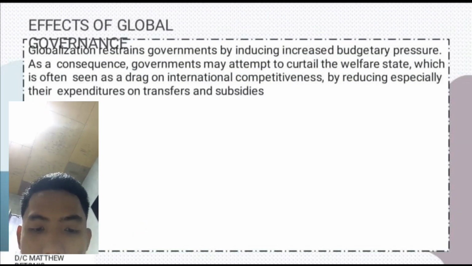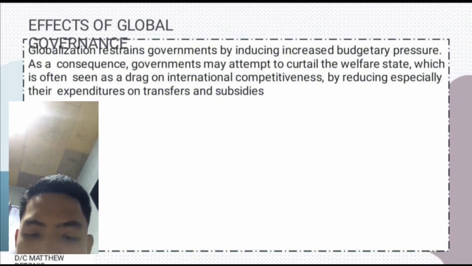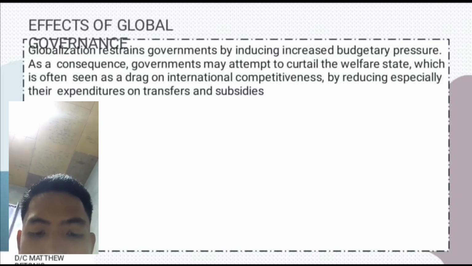Effects of global governance. Globalization restrains governments by inducing increased budgetary pressure. As a consequence, governments may attempt to curtail the welfare state, which is often seen as a drag on international competitiveness, by reducing especially their expenditure on transfers and subsidies.